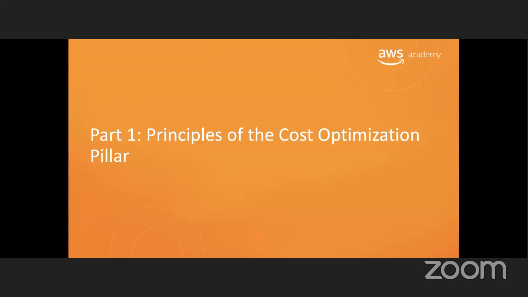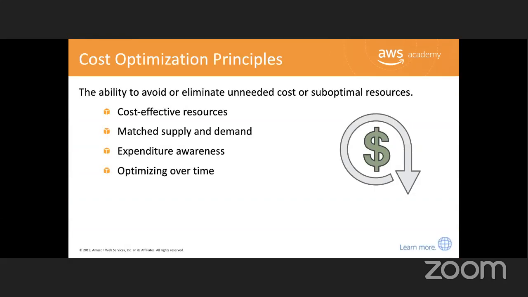All right, so let's see the principles. What it tells you is that you're gonna have the ability to avoid or eliminate unneeded costs and suboptimal resources. You're optimizing the cost, right? So you're looking for solutions that are cost effective. That's very important.